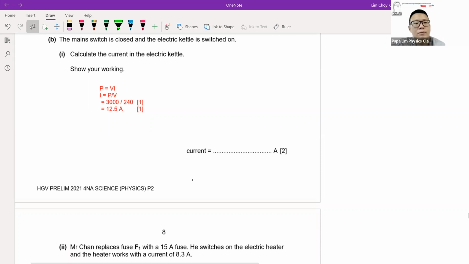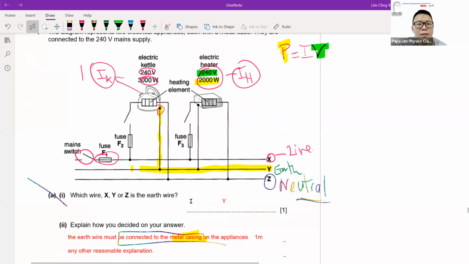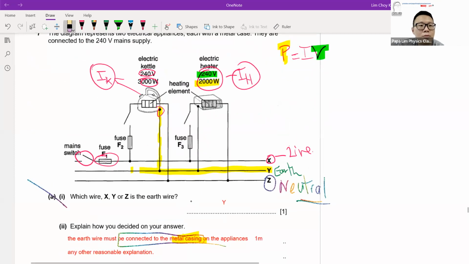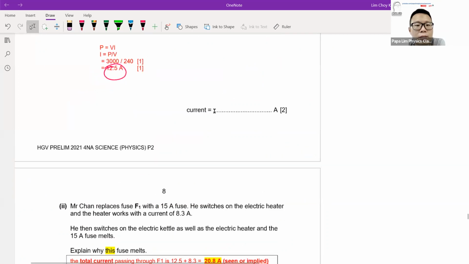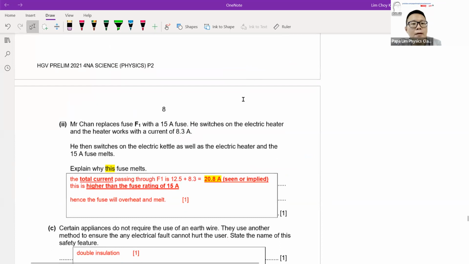Now, the kettle is 12.5, sorry. So the kettle is 12.5 amp. So this is the current flowing through, 12.5 amp. Then based on the question, I will say that the heater has 8.3 amp.